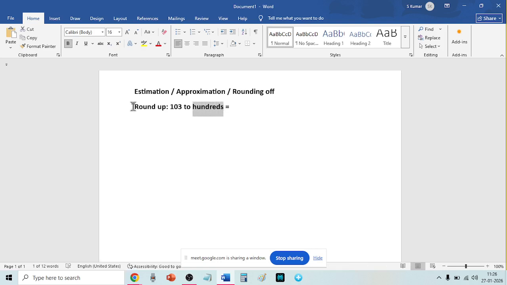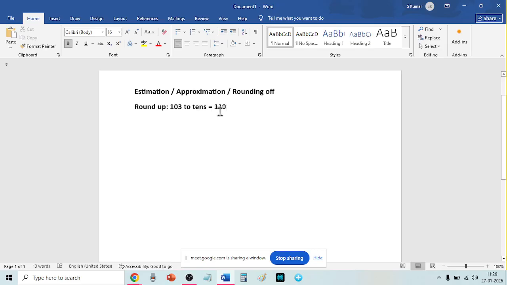So 103 means round up always higher. The next multiple of 10 is 110. Always higher.